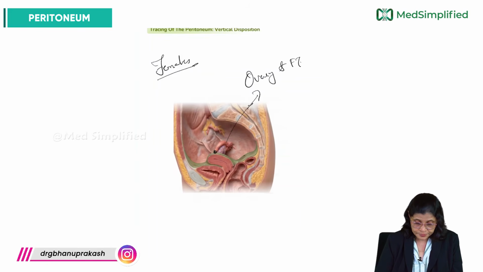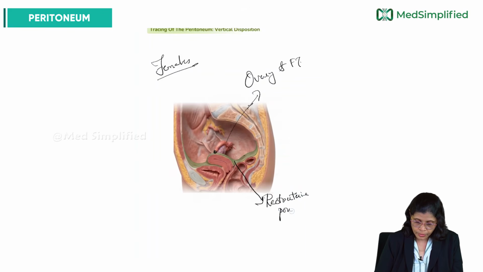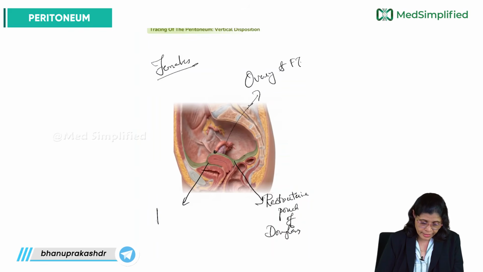So here we will see two pouches. One is the rectouterine pouch of Douglas, and the other one is the rectovesical pouch.